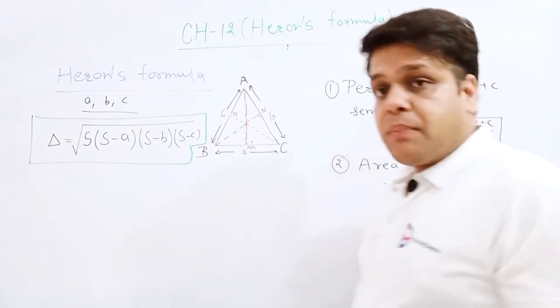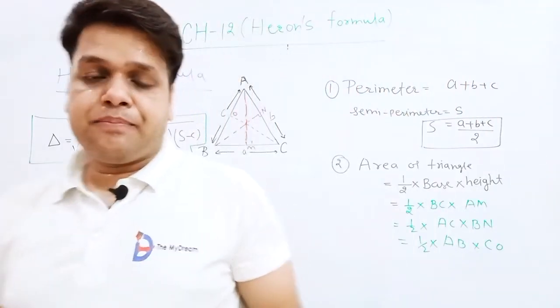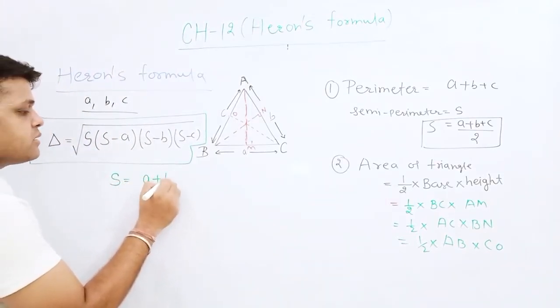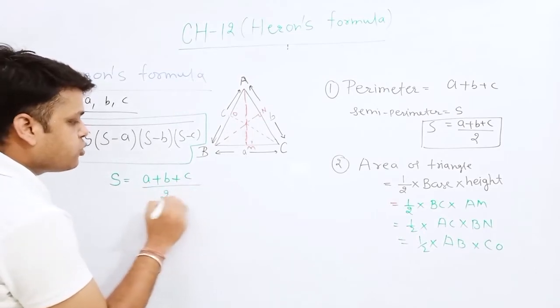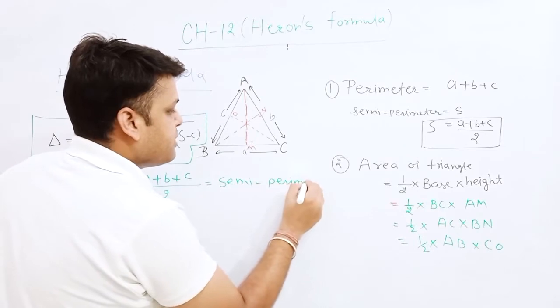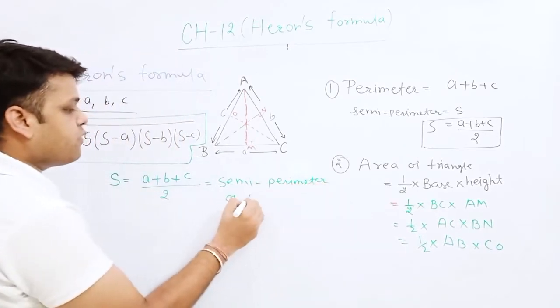S is the semi-perimeter of the triangle, where S becomes A plus B plus C by 2.